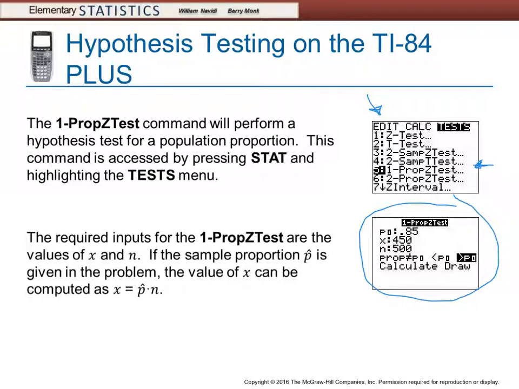And of course, in this particular case, we're going to let p naught be 0.85, and we calculated x earlier to be 450 because that's the 90% of individuals that thought Facebook was cool out of the 500. And then we're going to choose the alternative hypothesis. In this case, it's greater than p naught, and then we'll hit calculate.